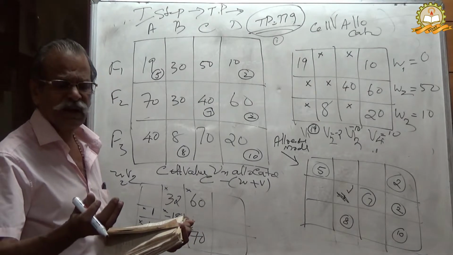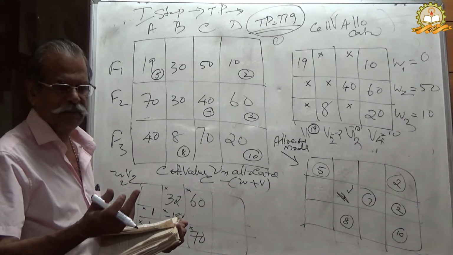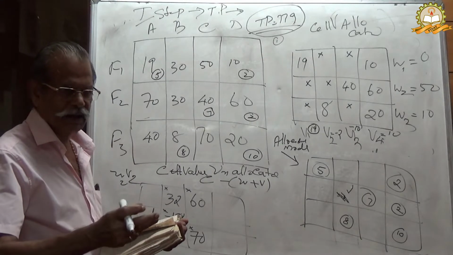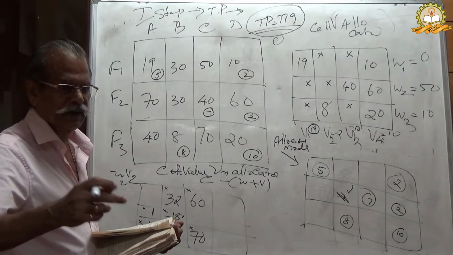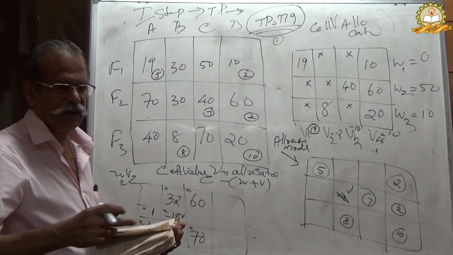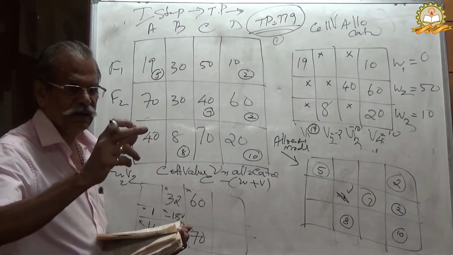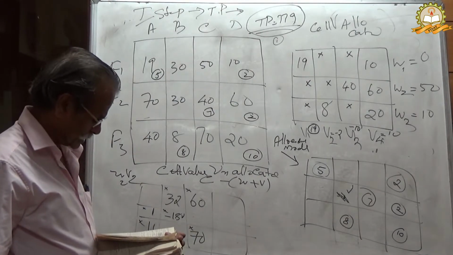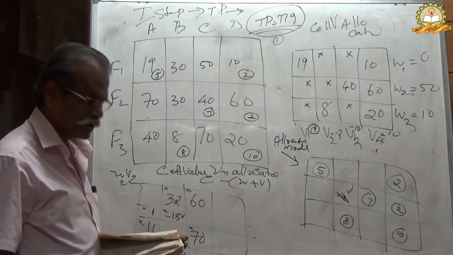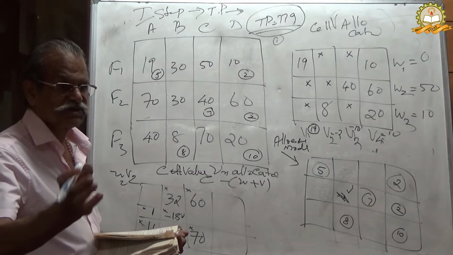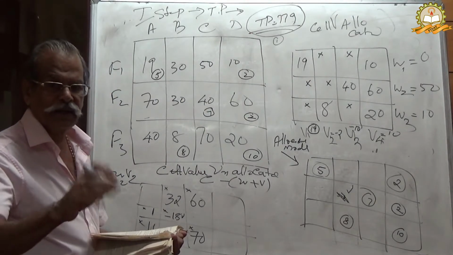Therefore, remember, specify the negative value cell, start with that cell value, and the line should pass through vertically and horizontally, through where the allocation has been done. Then this path may skip over any number of cell values.